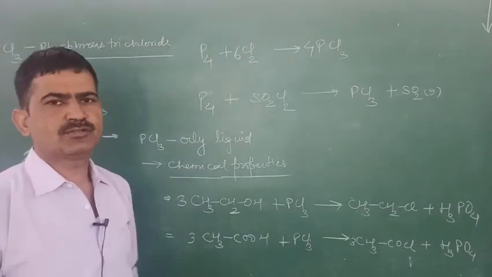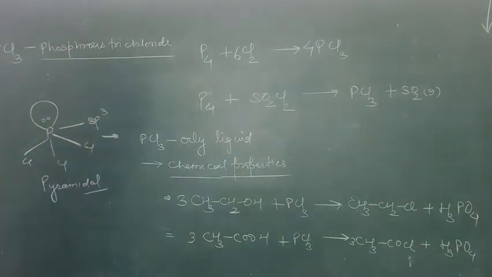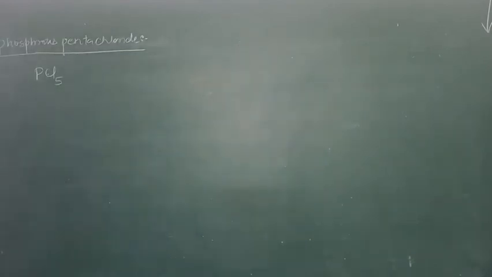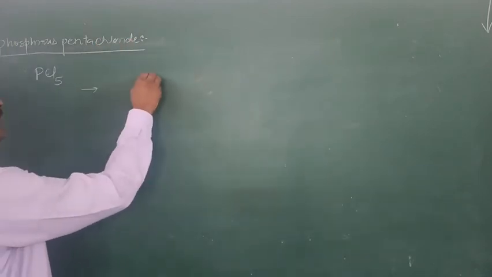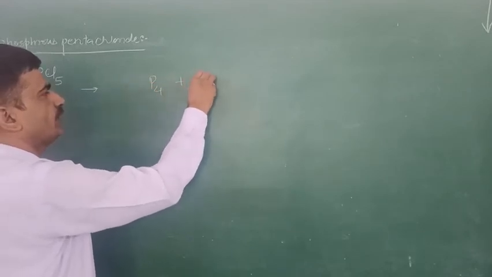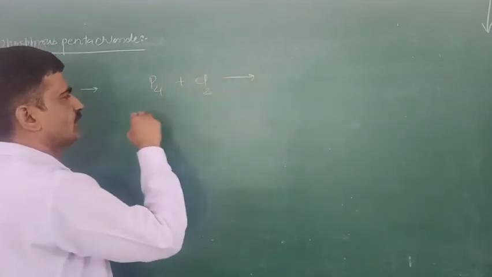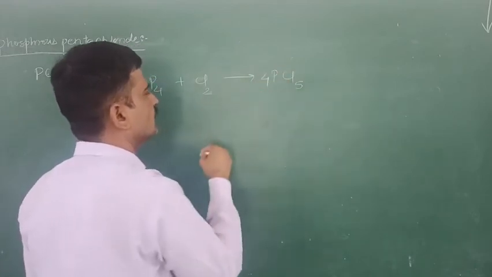After this we will discuss our next topic, that is phosphorus pentachloride. Now students, first we prepare phosphorus pentachloride. Phosphorus pentachloride is prepared by heating white phosphorus with dry chlorine gas in excess. Now this phosphorus pentachloride is formed.